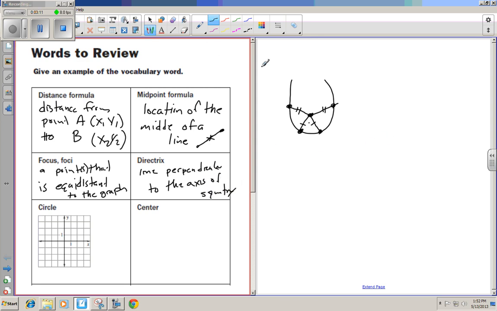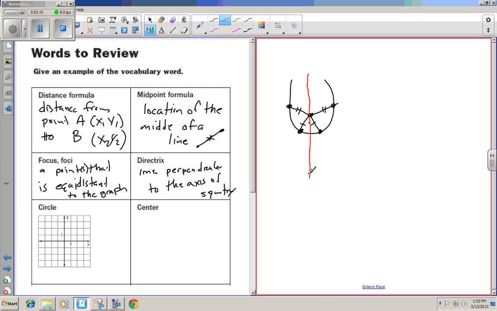So what you've got now is here is the axis of symmetry. Here is a directrix, and if you drew a line from here to there and here to here, these points, this would be equal distance to that point there.